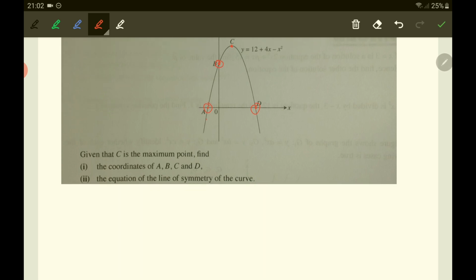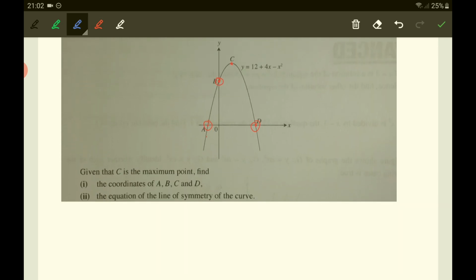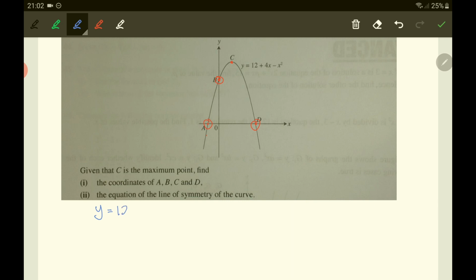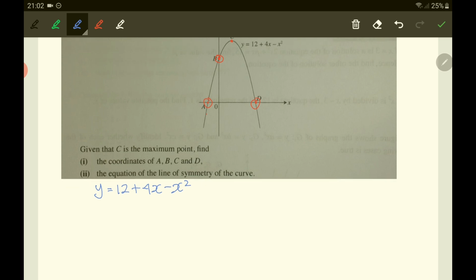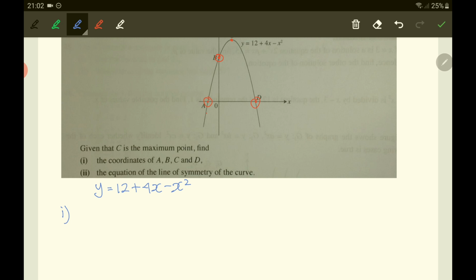Alright, so we are going to find the coordinates first. We are going to find coordinate A and coordinate D. So I want to write the equation again here. y equal to 12 plus 4x minus x squared. Okay, yeah. So when we are trying to find coordinates A and D, something common with A and D is they lie on the x-axis.